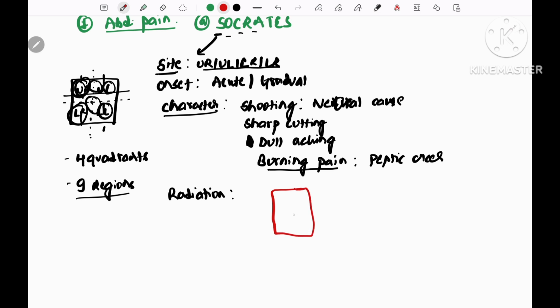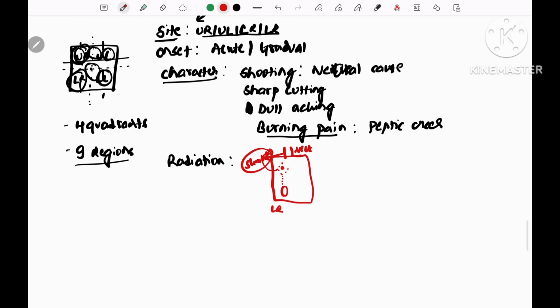If pain is usually in the upper right quadrant at first, and after 2 hours this pain has been transferred to the lower right quadrant, or to any other body part, like the neck or shoulder, anything can happen. So during radiation, we ask the patient where the first pain usually is.